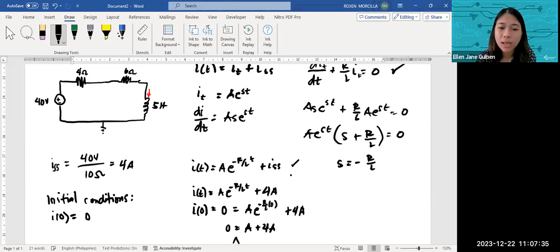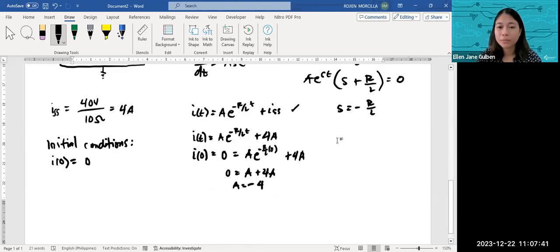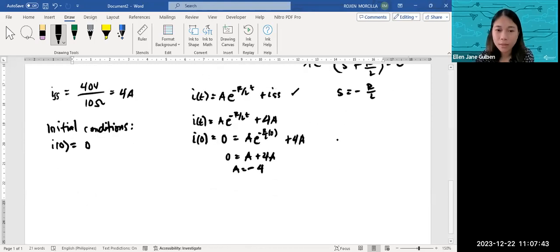So A is equal to negative 4. So our complete response is equal to negative 4 e to the negative R over L t plus 4. So this is our complete response.